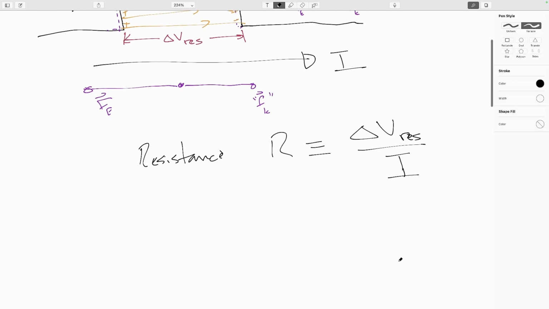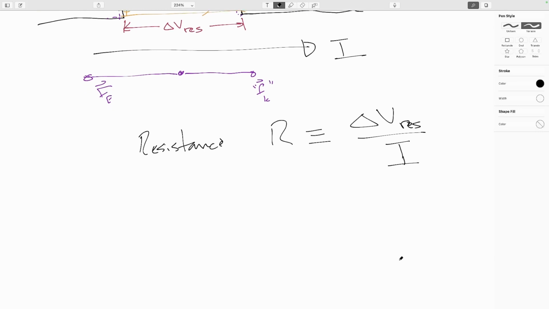Now, one of the annoying trends that we're going to see in electronics is pretty much any time we multiply or divide two units by each other, we end up creating a new derived unit. So the unit of resistance is the ohm. And it turns out that's actually the guy's name, Georg Simon Ohm. And unlike a lot of units where random letters are truncated off, you're already down to 3 to begin with.